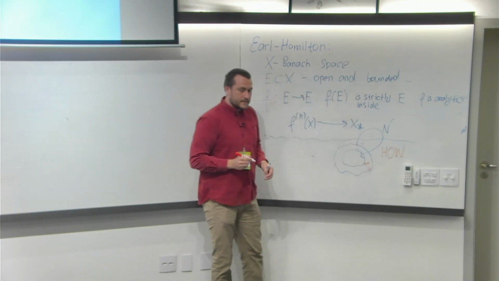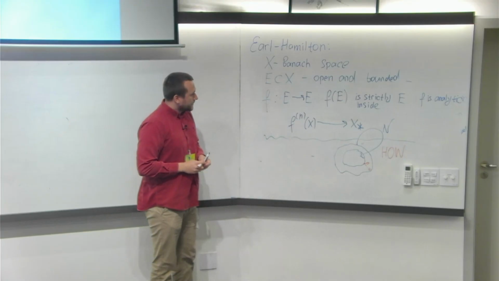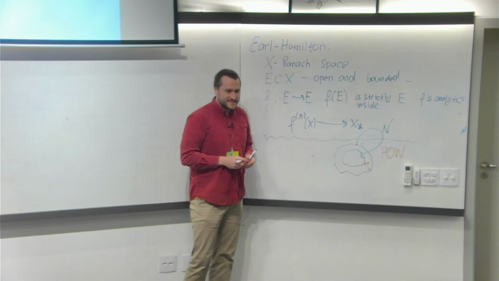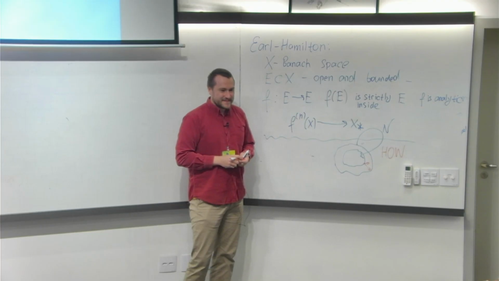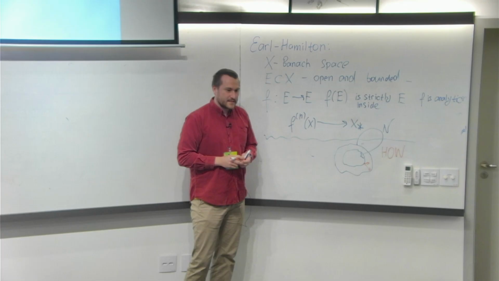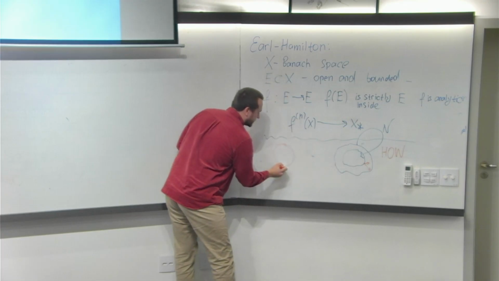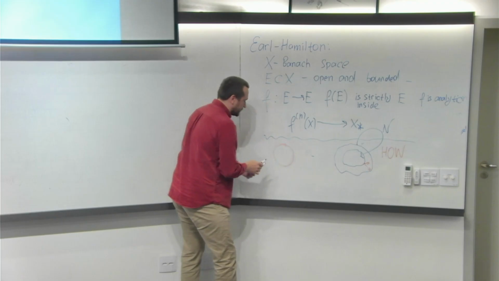So you're saying it's a contraction? Well, I'm saying that it should map its domain strictly inside itself. But a rotation maps the disk to the disk. It's not strictly inside. Strictly inside means you take a disk and you don't want to get the disk back. You want to get something smaller.